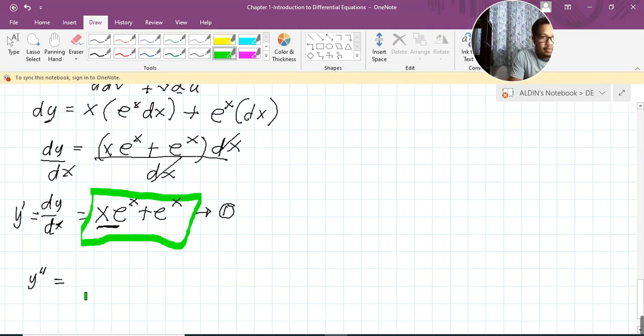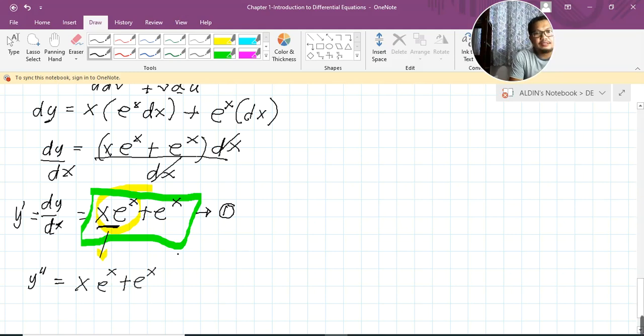Direct ako na. So, this is equals now to the derivative of this, which is x e raised to x plus e raised to x.